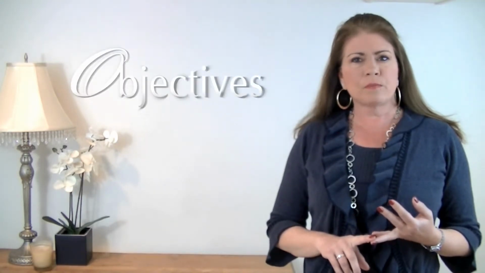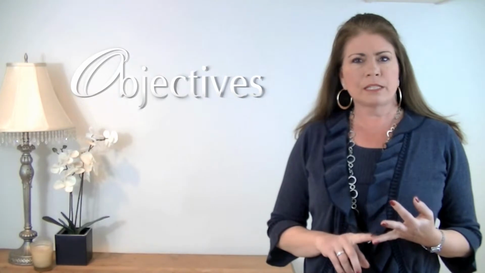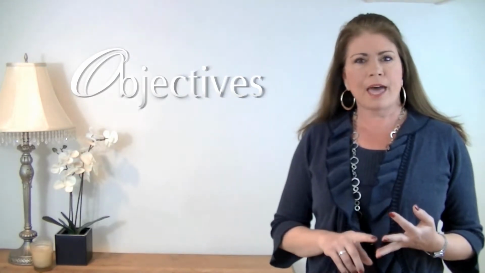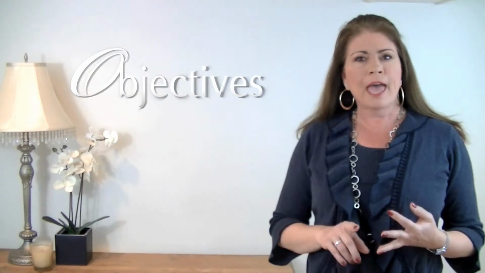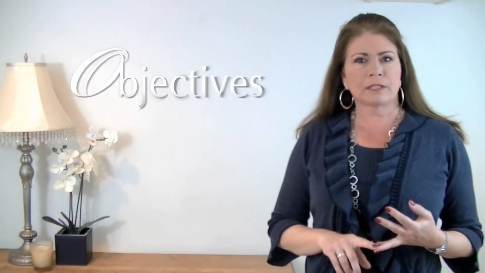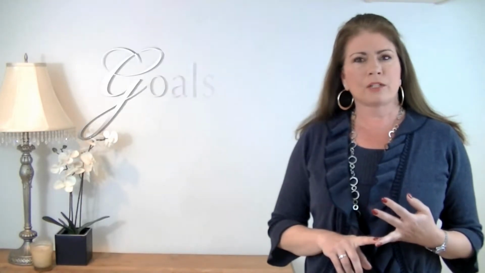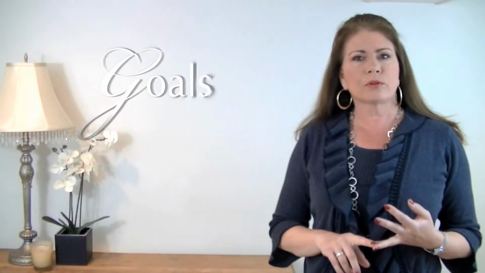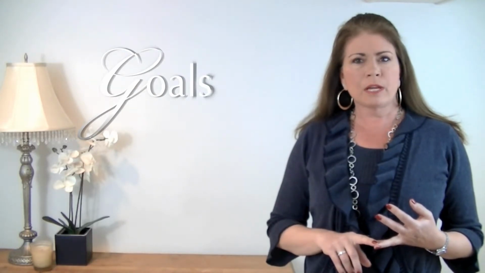Objectives. This is going to be a series of statements that you define that are going to tell you how you plan to manifest your purpose. Then for each of your objectives, you are going to define goals. Your goals are going to be very specific.